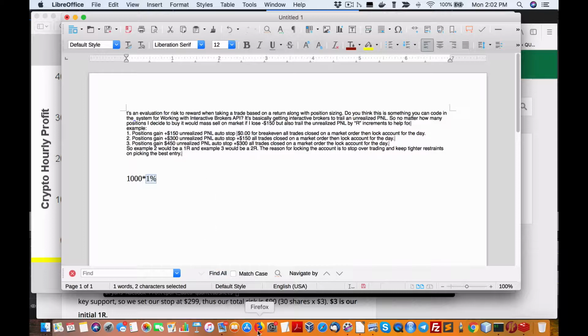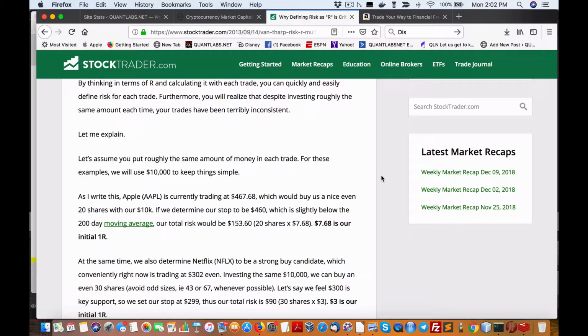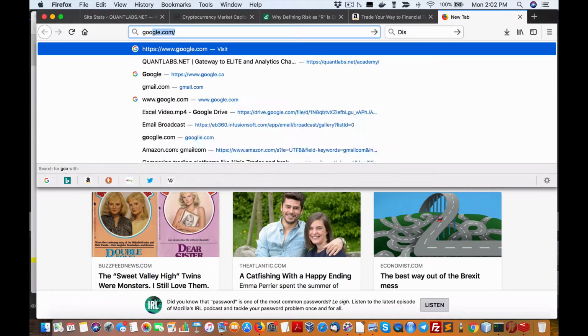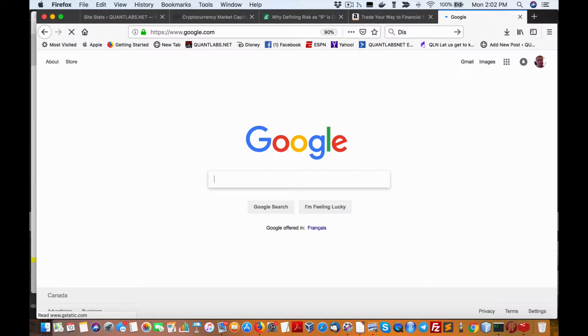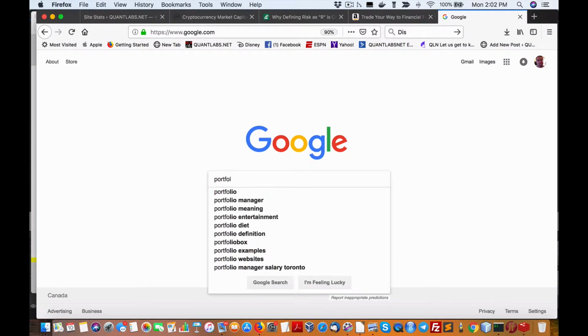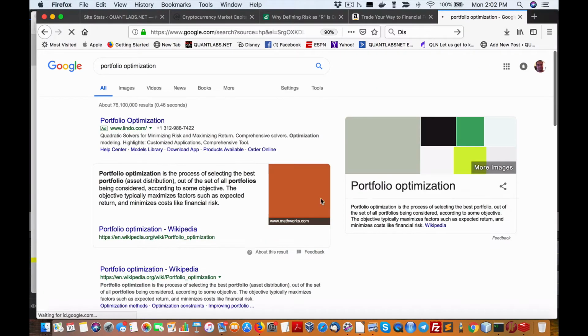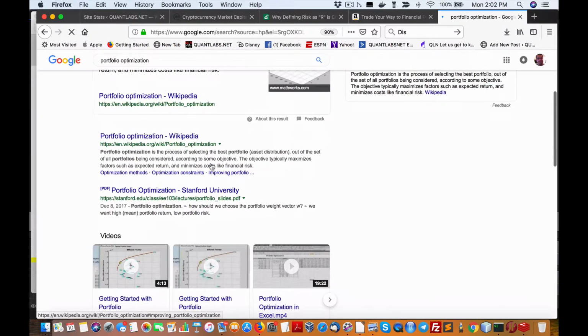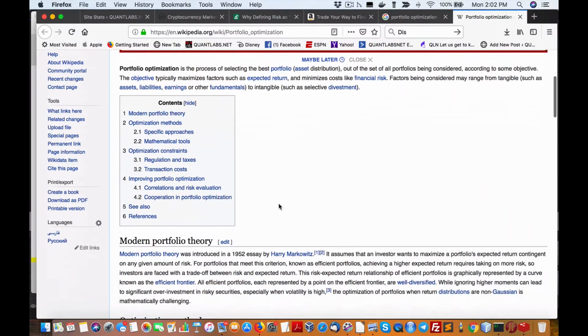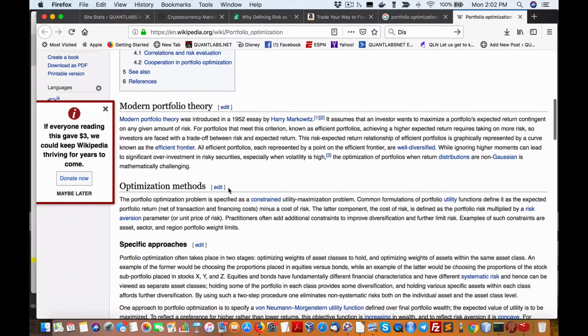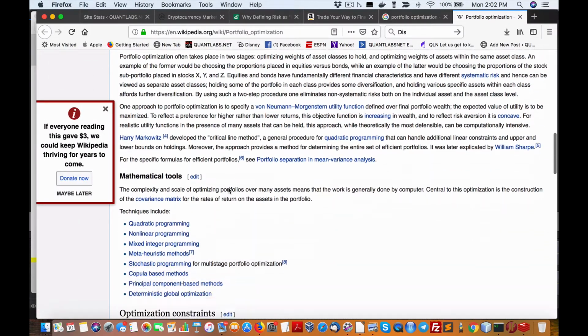Now, some people may ask, what is this thing that I mentioned before of different portfolio techniques in portfolio optimization? So if you were to look up portfolio optimization, let's see what we have here on Wikipedia. We have different theories on how to do portfolio optimization.